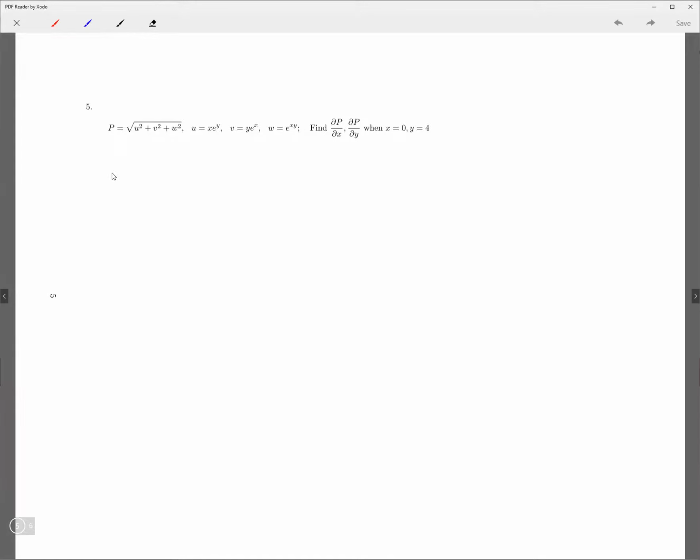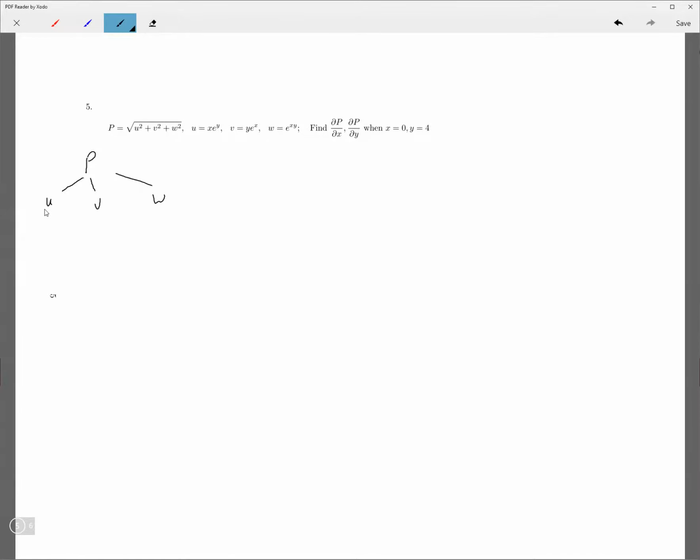The most dependent variable of all here, the way this is set up. It's just going to be p. So p is at the top, and the intermediate variables are u, v, and w.